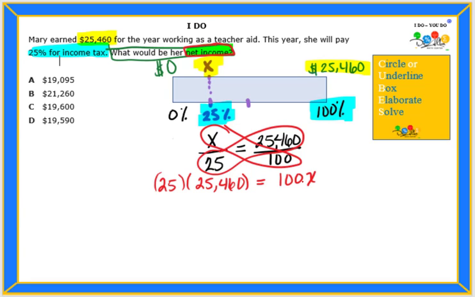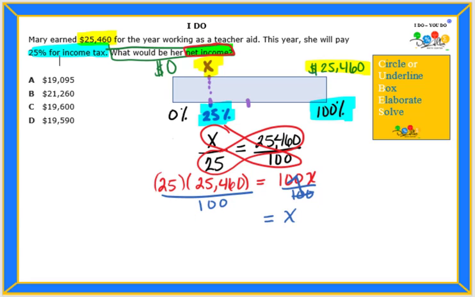Since we want to isolate x, we know we're going to divide by 100, but whatever we do to one side, we have to do to the other side. We can now eliminate 100 because 100 divided by 100 is 1, and we are left with x equals 25 times 25,460 divided by 100.